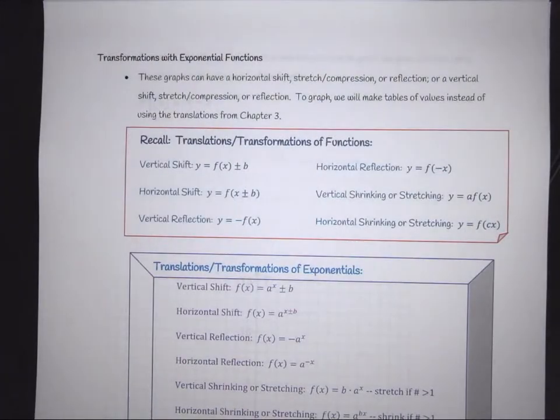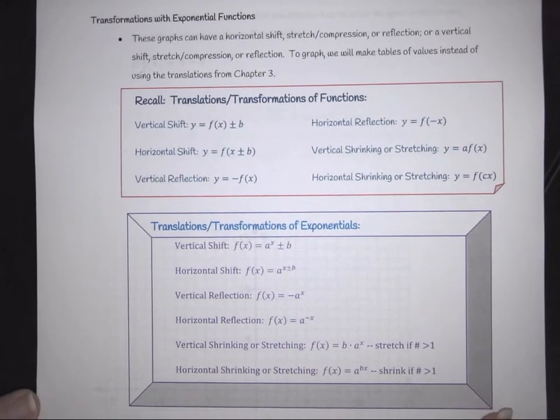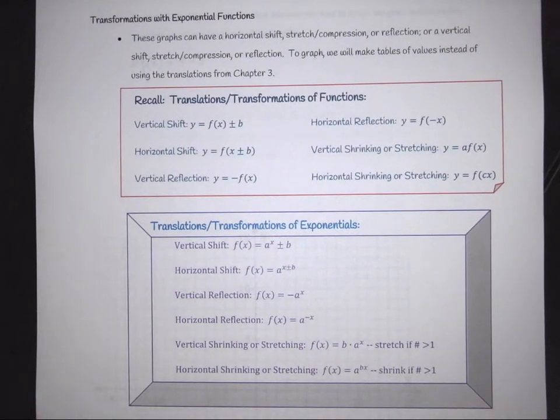Now, another thing that we can do with our exponents is what's called transformations. Transformations are where you take that base function and you move it all over the place.